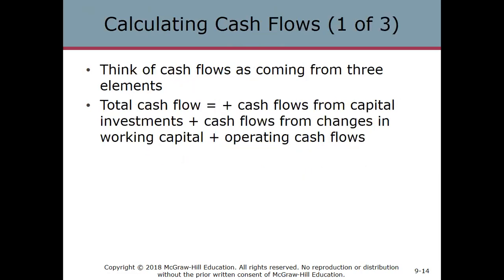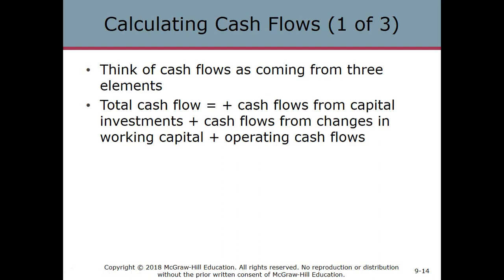Now think of cash flows as coming from three elements. Total cash flow is from the capital investments, from changes in working capital, and operating cash flows. However, we would also like to argue, especially for other sources, that the changes in working capital are already part of what is incorporated when working back from net income or operating profit to our cash flows provided by operating activities, if positive, or used in, if negative.